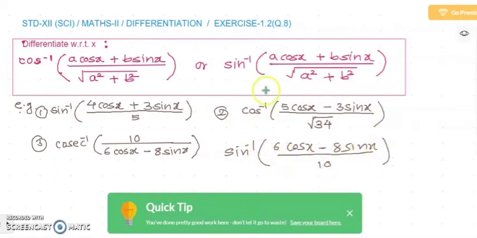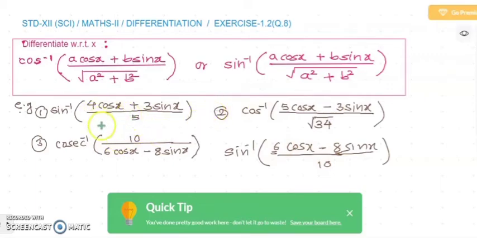Now it looks like the earlier type. Here a is 6, b is 8, 6 square is 36, 8 square is 64. Add them, you get 100. The root of 100 is 10. So in this manner, this fits this formula also.